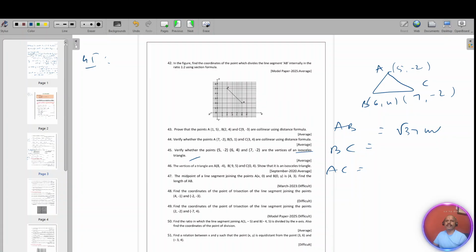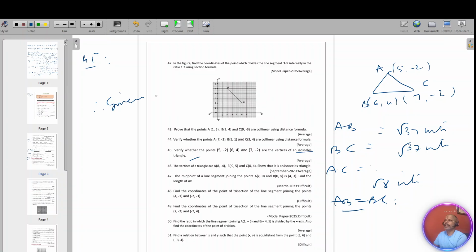If you get the first two as root 37, no need to find CA. But even if you find it, that's okay, just to show that it's not an equilateral triangle. If it's an equilateral triangle, in a similar way we can extend the question. All three sides should come equal. So here AB is equal to BC.